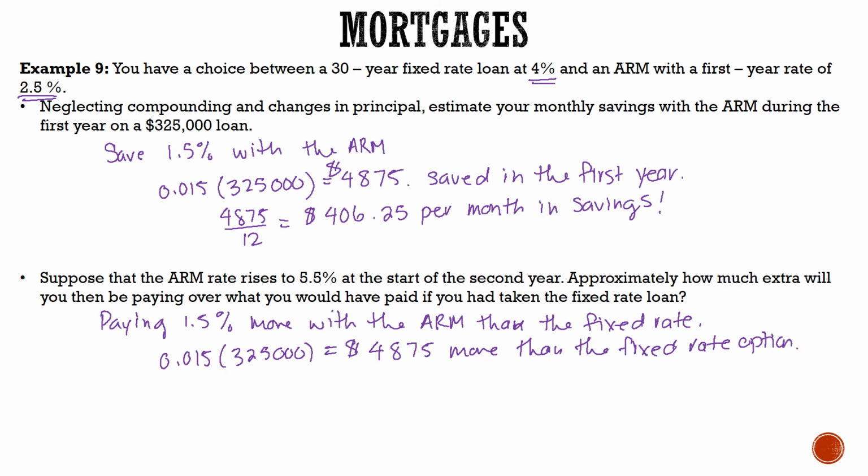So monthly, we're going to have that same $406.25 per month, but now this is going to be more. So we'll be paying $406.25 more than the fixed payment each month.